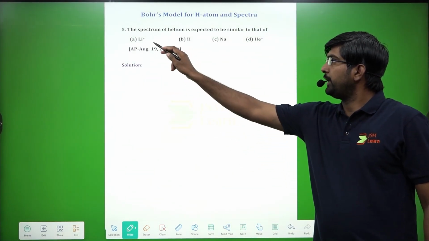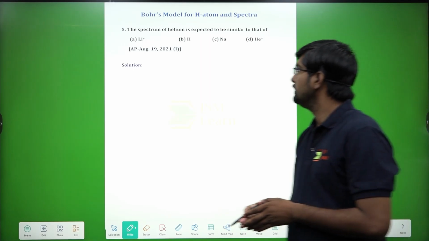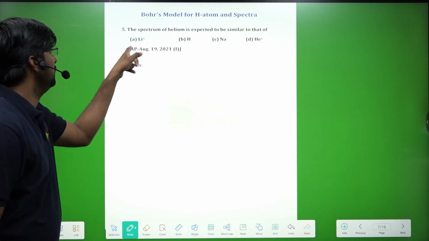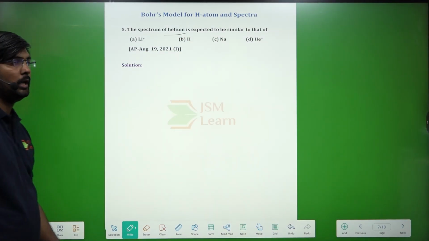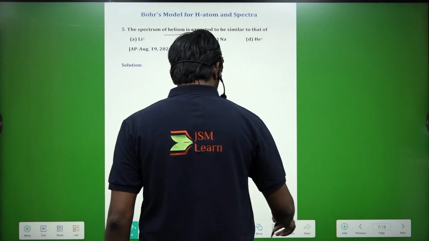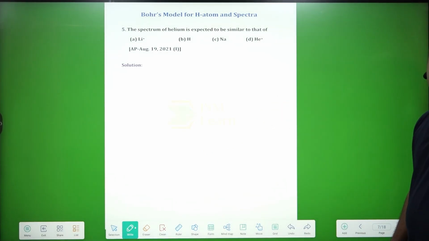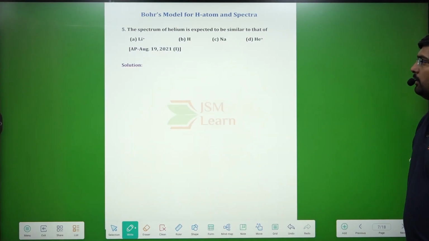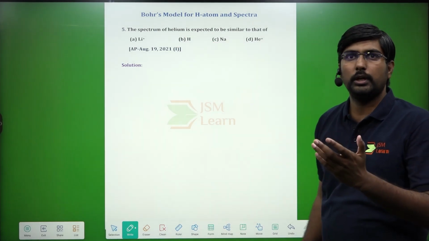Next, the spectrum of helium is expected to be similar to that of.